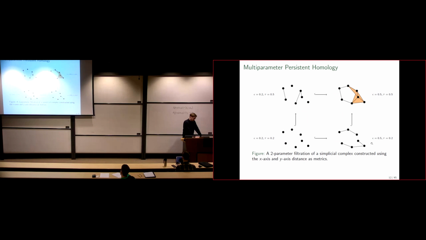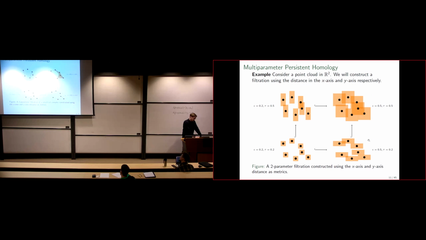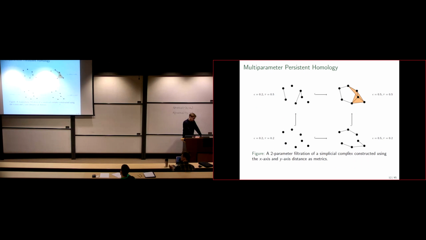But at the filtration value epsilon equals 0.5 and tau equals 0.2, we do get edges between the points down here, and we get these two components, because you can see that all of these rectangles have a non-empty intersection. So we connect these points. And up here we end up with a simplicial complex that also has a cycle and some filled-in triangles.